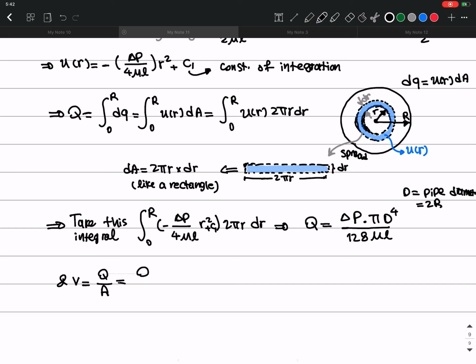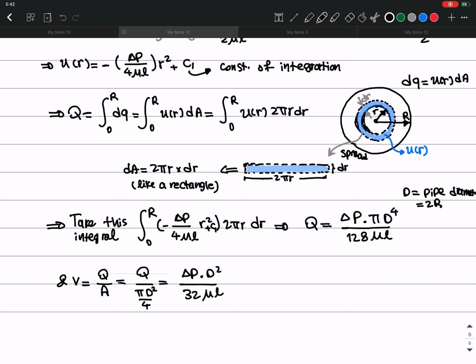So velocity is going to be Q over the area, which for a pipe is π D squared over 4. From this formula, if you calculate it, it is going to give me delta p D squared over 32 mu l.